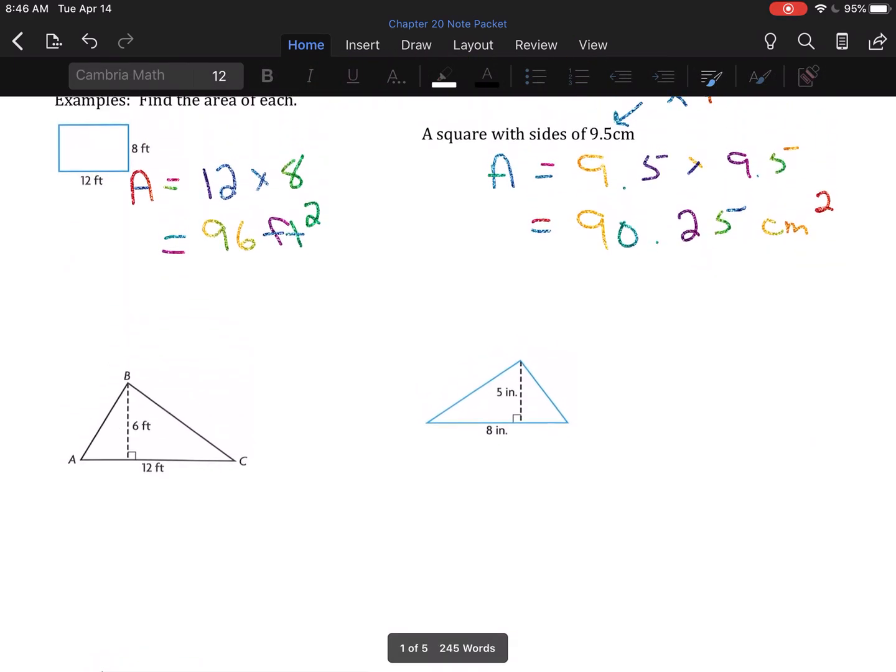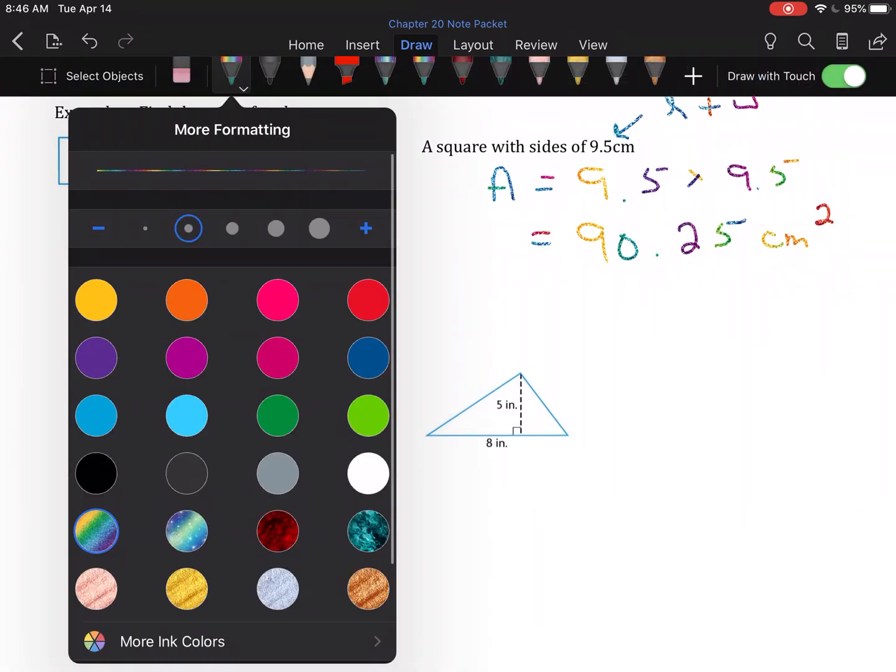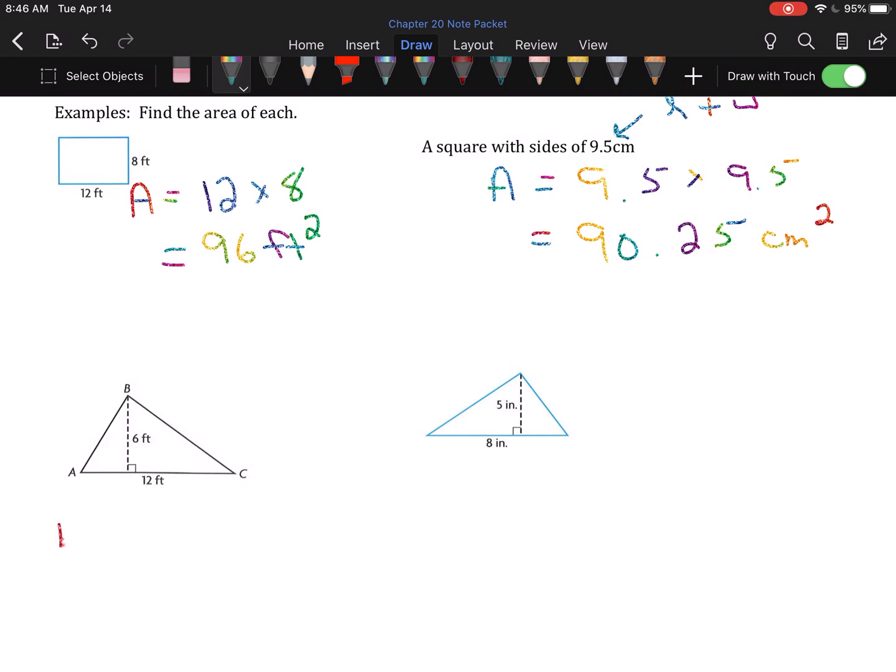Okay. Triangles. Oops. Area formula for a triangle is 1/2 base height. So 1/2. For this triangle, the base is 12 feet, and the height is 6 feet.